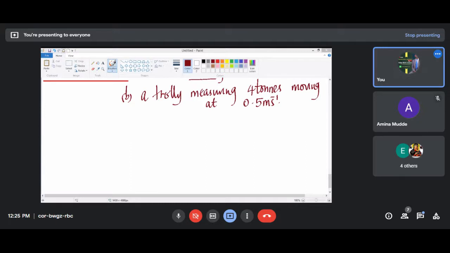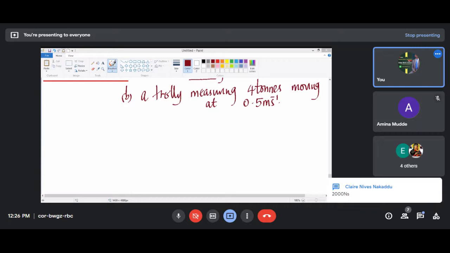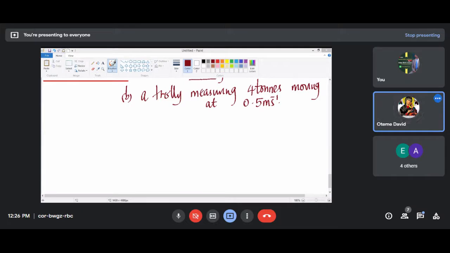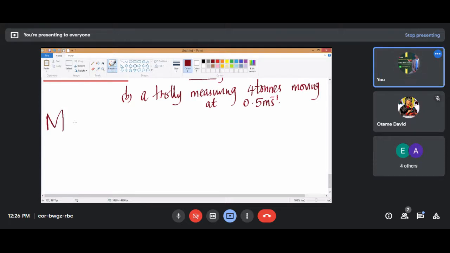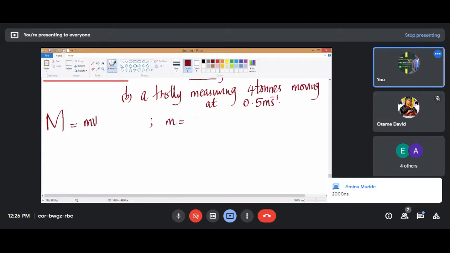Are we through? Yes, we are through. So again, our momentum is going to be the mass times the velocity. Our mass is 4 tons.